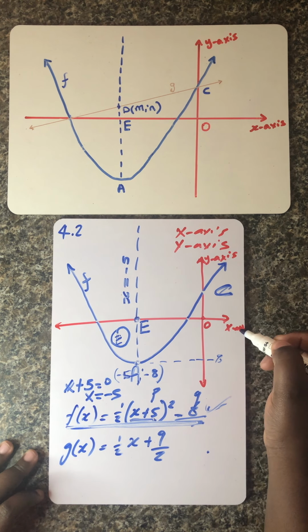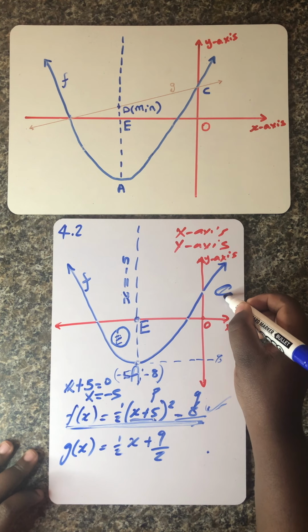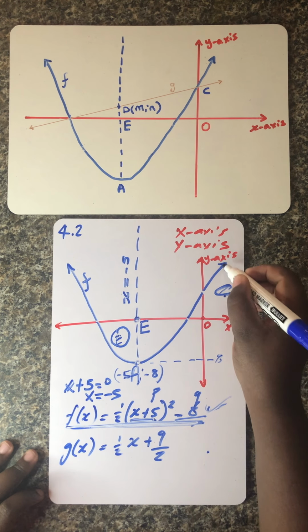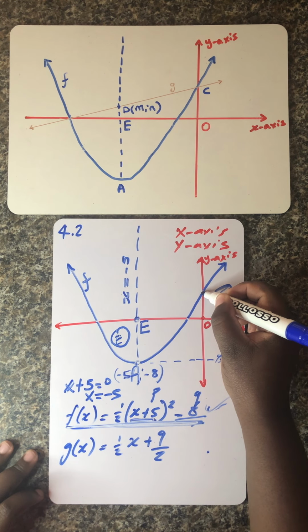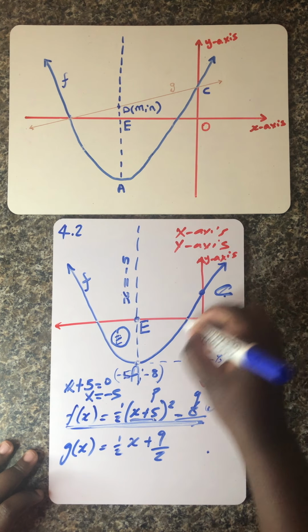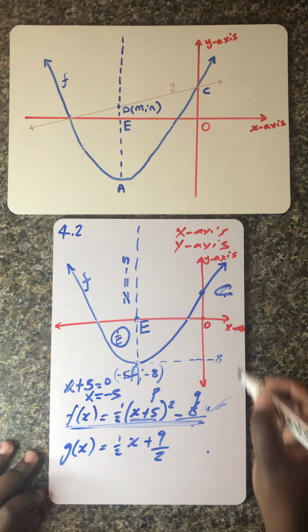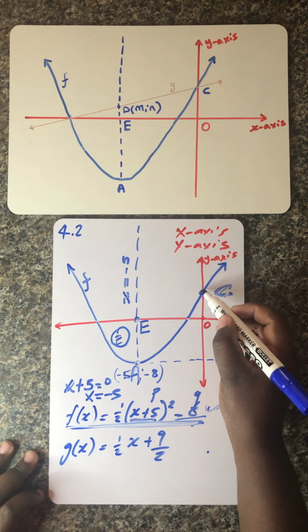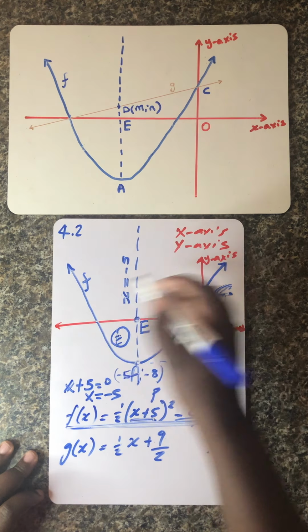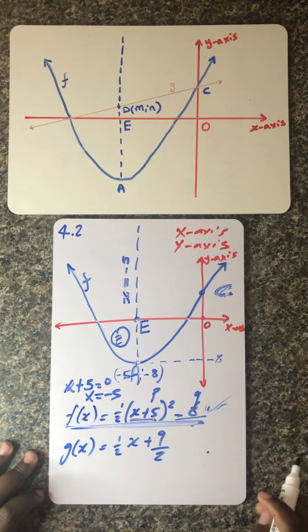C is written there, but you find that it represents the y-intercept of the graph of f. So in short, C is written there, but C refers to that point where this graph touches the y-axis.